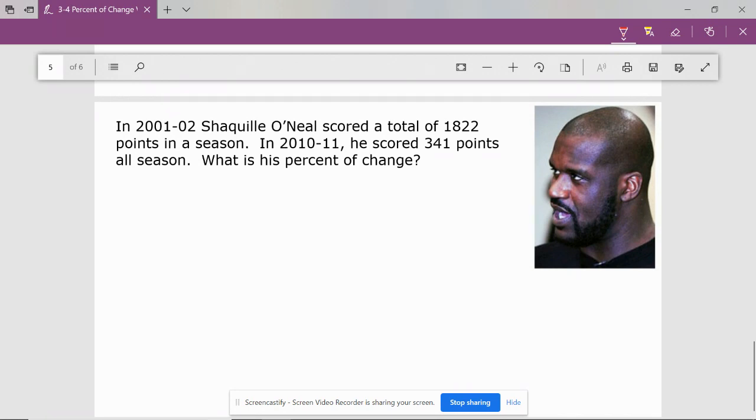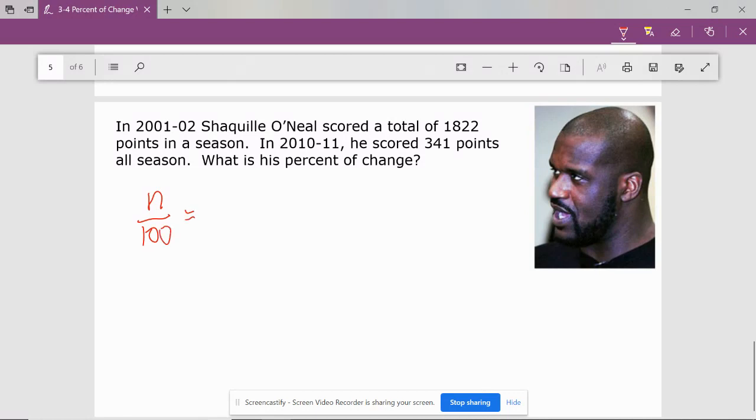In 2001, 2002, Shaquille O'Neal scored a total of 1,822 points in the season. Wow. In 2010, 2011, he scored 341 points in all season. So what is his percent of change? Again, we're talking about a difference between 1,822 points and 341 points. We're looking for percent of change, so the percent is our variable, which goes over 100.